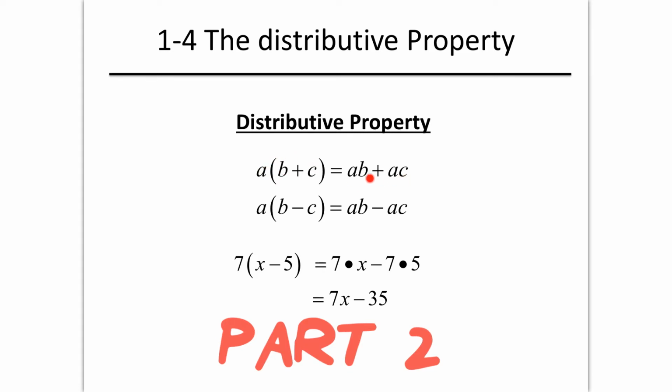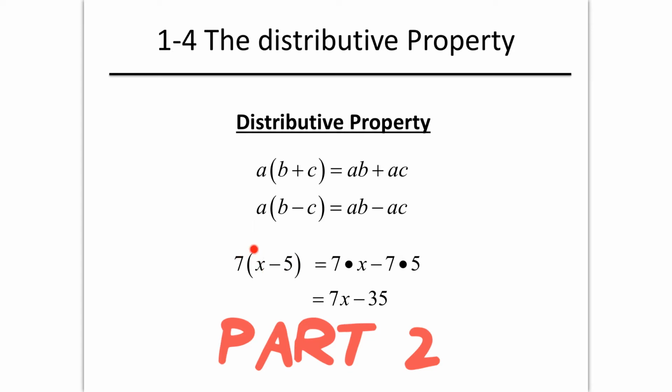So notice what this equals. A times the quantity of b plus c is a times b plus a times c, or if you're subtracting, a times b minus a times c right here. Now a good example is this one here. There's a 7 outside the parentheses times the quantity of x minus 5.